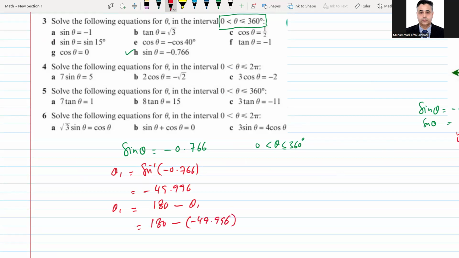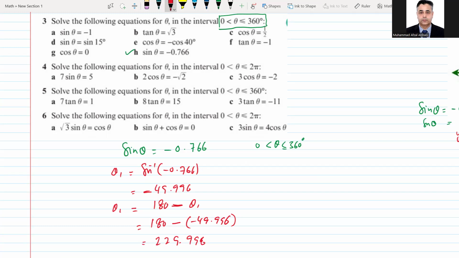There's a negative sign with the angle, and there's a negative sign here, so that will become plus. So we will get now 229.996.